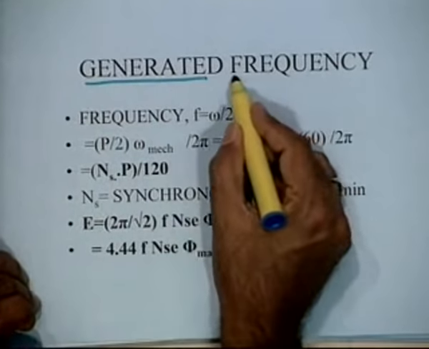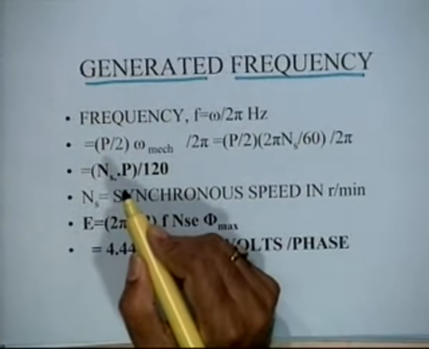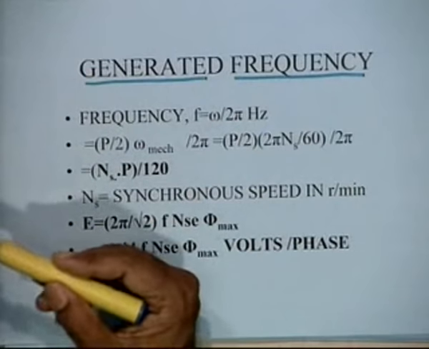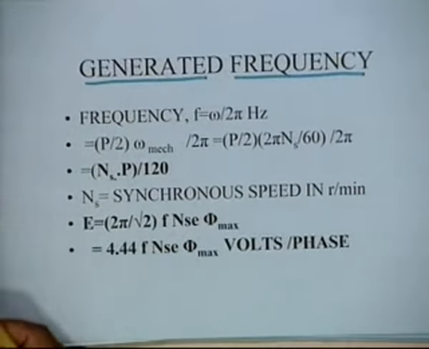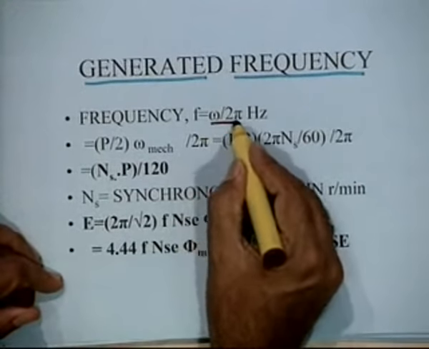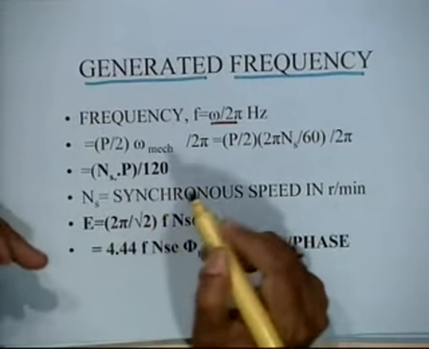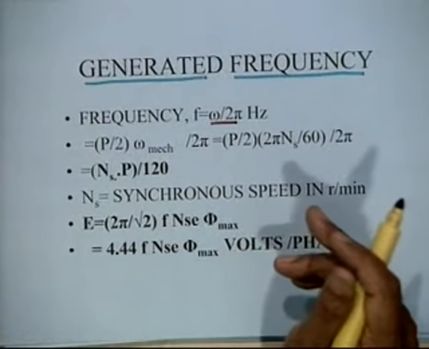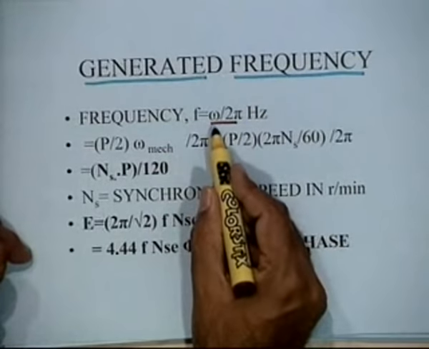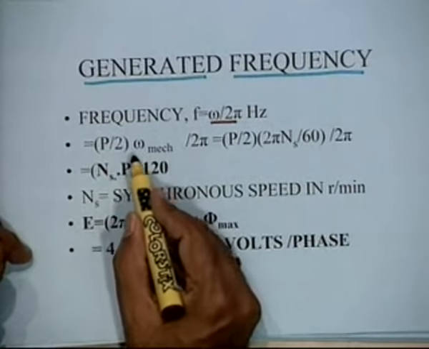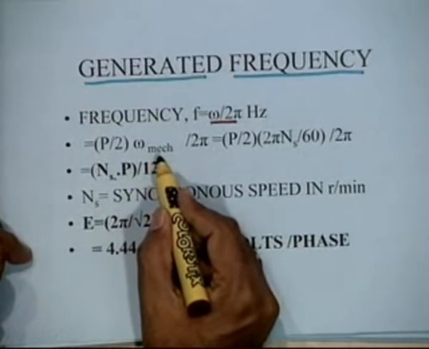Next is what is the generated frequency. We have already seen frequency will depend upon how much speed you rotate and how many poles are there. Frequency is nothing but ω by 2π hertz, where ω is the radians per second, and that ω is nothing but p by 2 times ω mechanical.